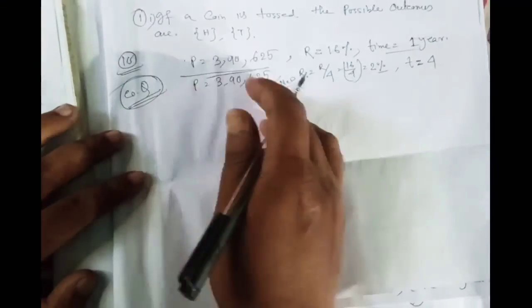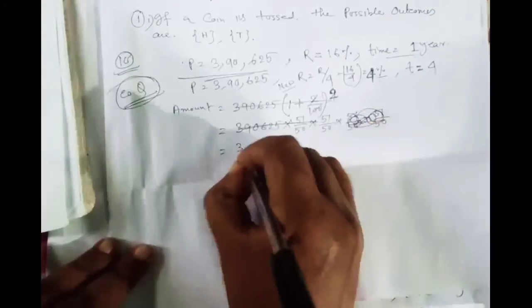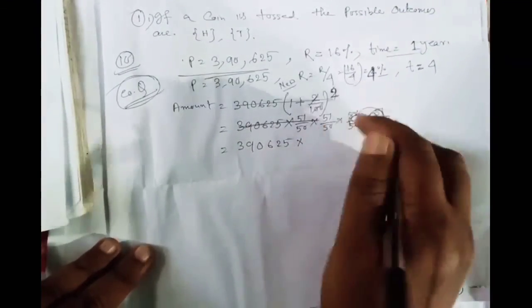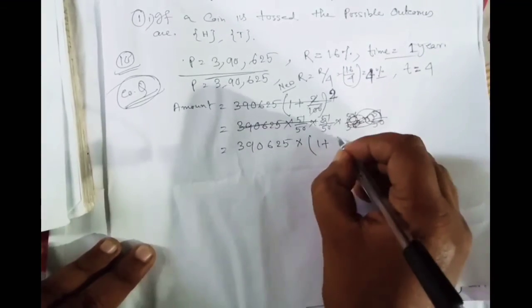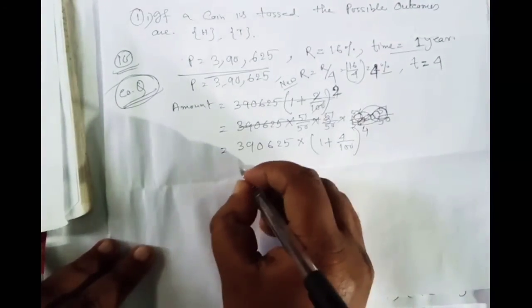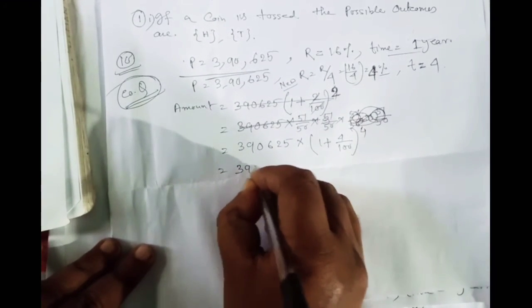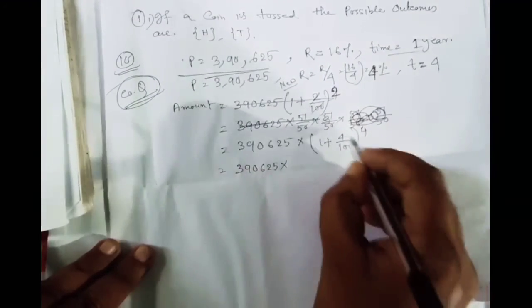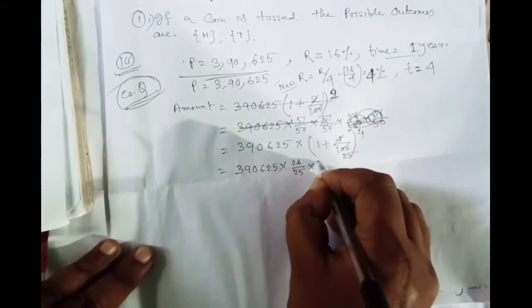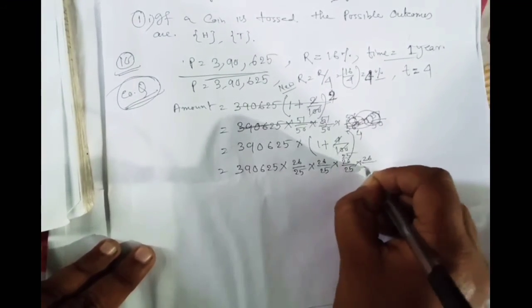So the amount of 3,90,625 into 1 plus R/100, R means 4/100, to the power 4, okay. So 3,90,625 into 26/25, 26/25, 26/25, 26/25.